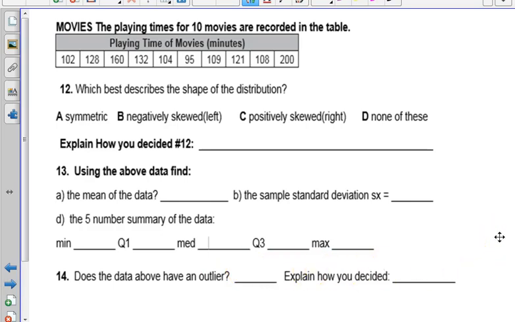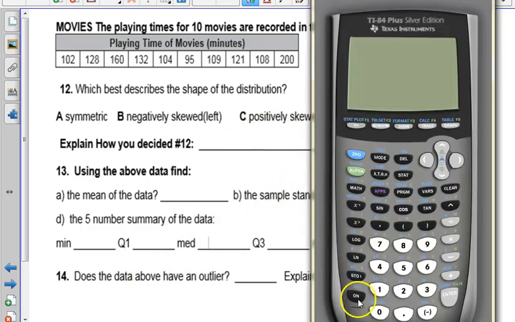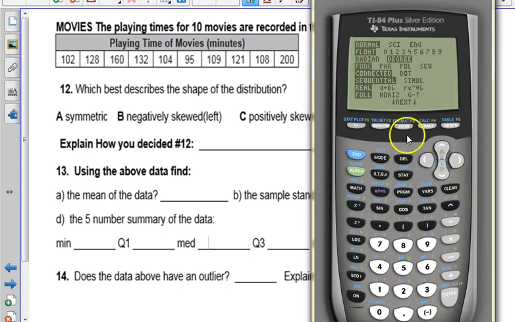We need to plug this in, and we're going to do a whole bunch of stuff with the same set of data, and I put it on this way on the quiz so that you don't have to mess around, okay? I'm going to put my calculator back in function mode because I just feel better with that in function mode. You can do this in parametrics, it won't matter.